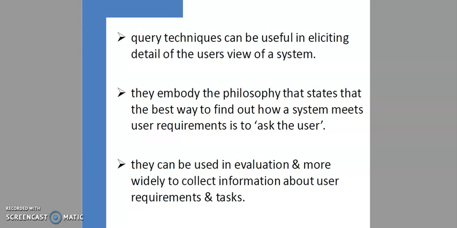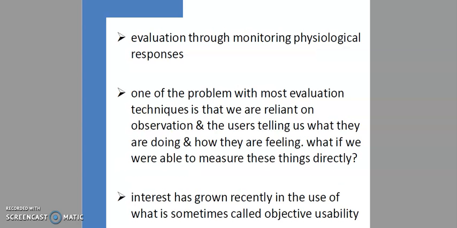They embody the philosophy that states that the best way to find out how a system meets user requirement is to ask the user. They can be used in evaluation and more widely to collect information about user requirement and task.